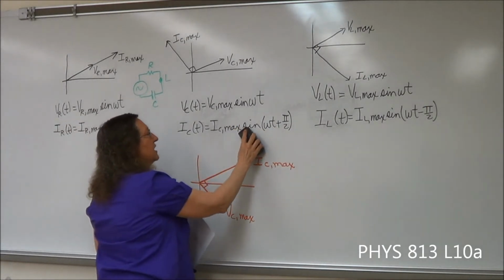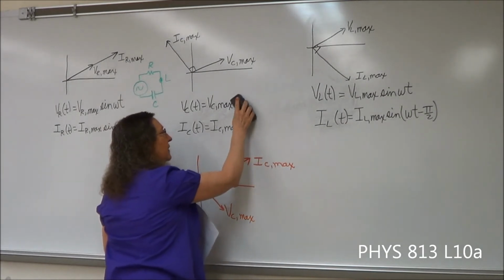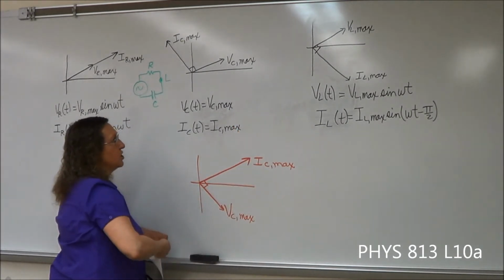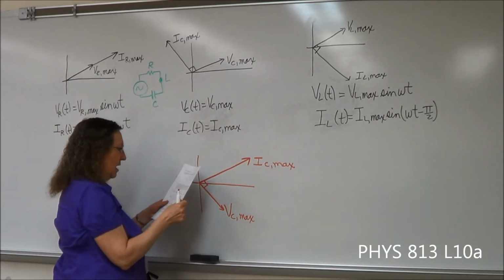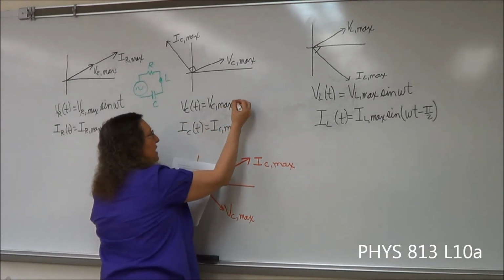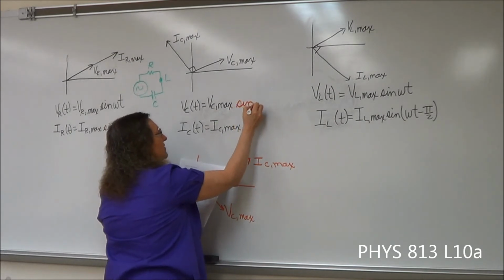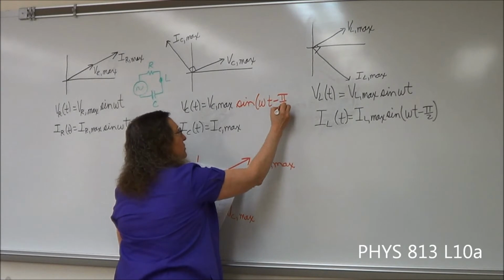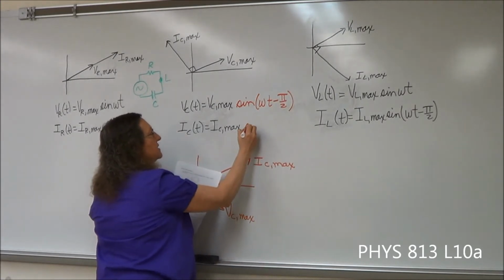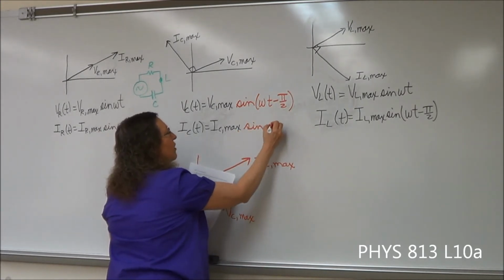So what we're going to end up with for these sine terms, you'll still have this first part the same, but we need up here to have sine of omega t minus pi over 2, and then this is just sine of omega t.